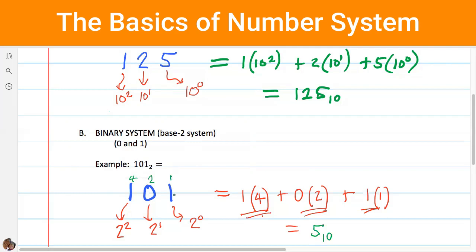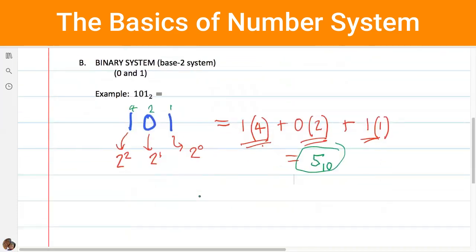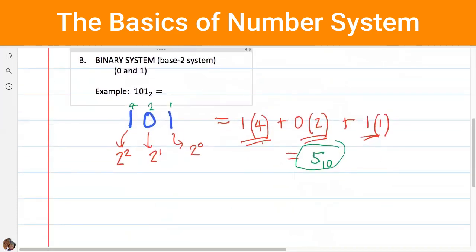Let's say 1 times 1 is 1, 2 times 0 is 0, 1 times 4 is 4. 4 plus 1 is equivalent to the decimal value of 5. So that's the value of our 101 in terms of the decimal value. 101 binary is actually equivalent to 5 in decimal.